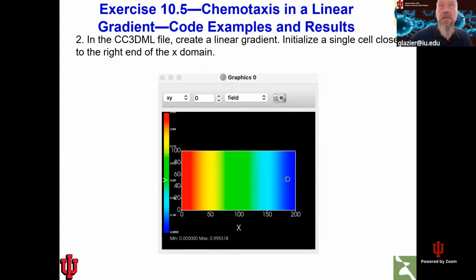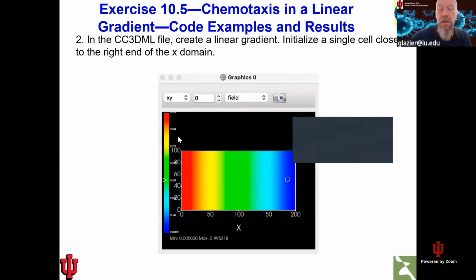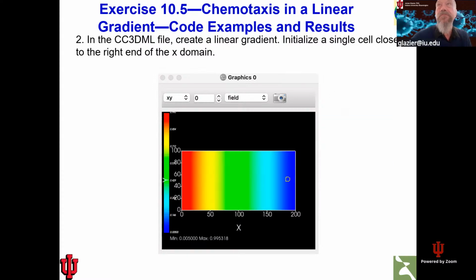Yeah, no, it won't let you type expressions. Okay. All right, so you have to hand edit the initial condition.